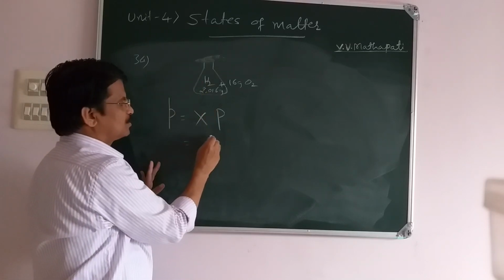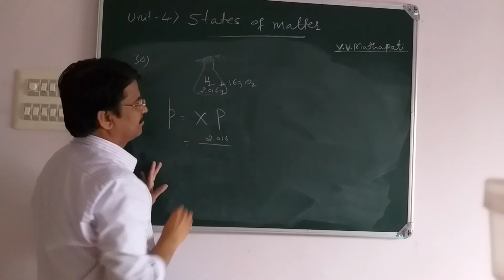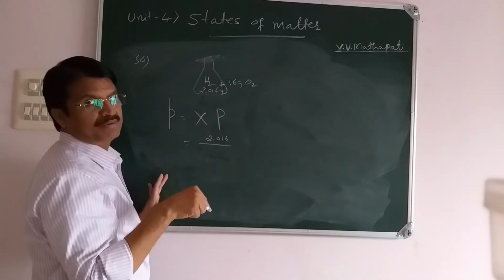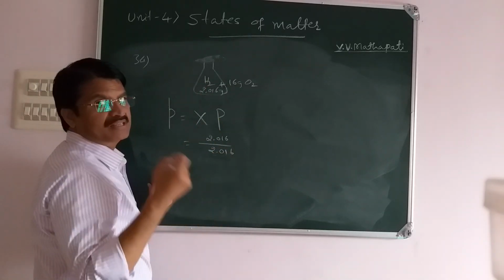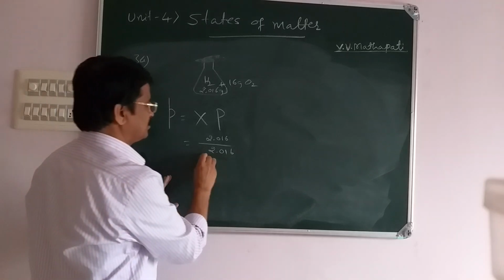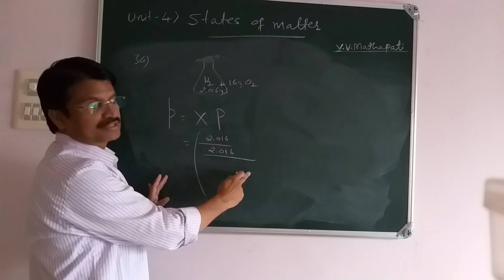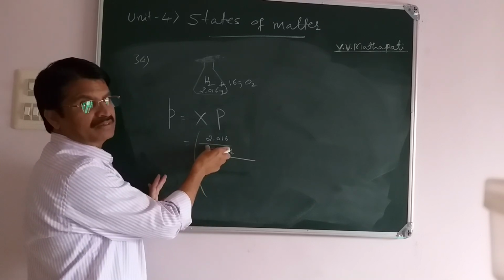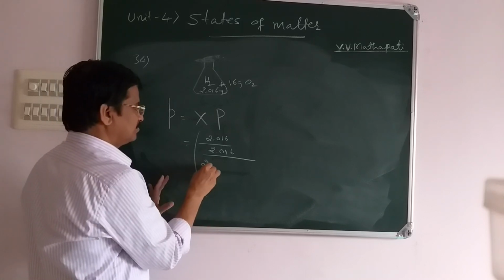Mole fraction of H2 is given mass by molecular mass of hydrogen. Exact molecular mass of hydrogen 2.016 divided by total number of moles. See here, mole by total mole is mole fraction.